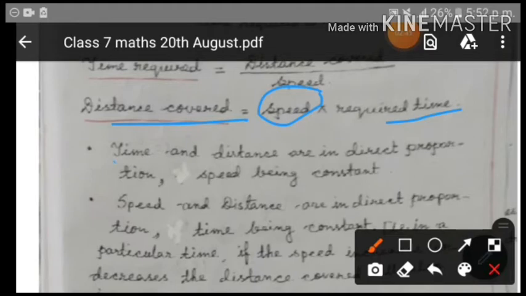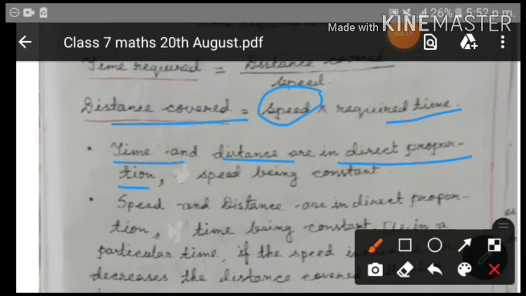So here the time and distance are in direct proportion. Let me give you an example. Whenever the distance from your house to school is less, you take less time to reach school. But if the distance of your house from school is more, you need more time to reach school.